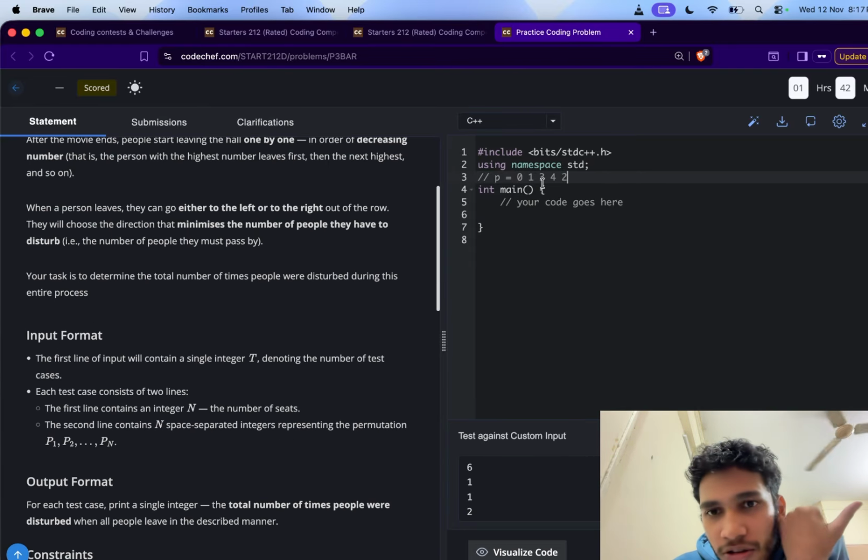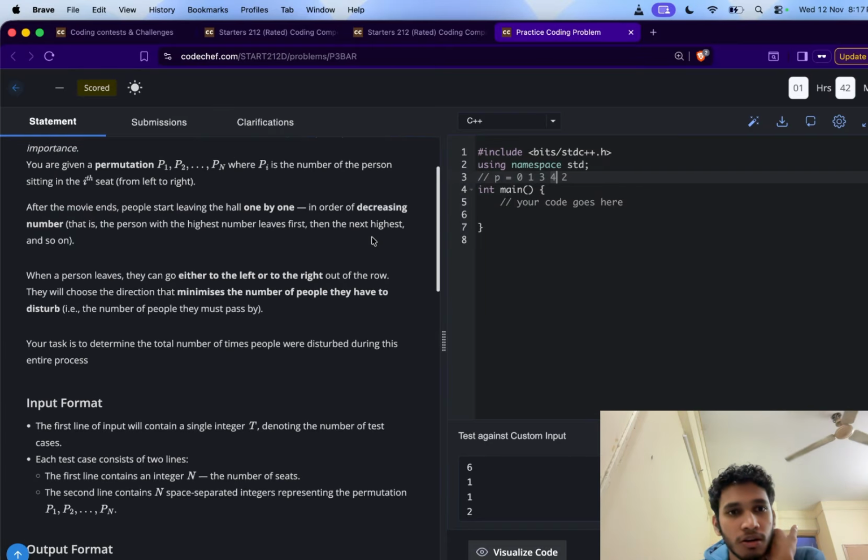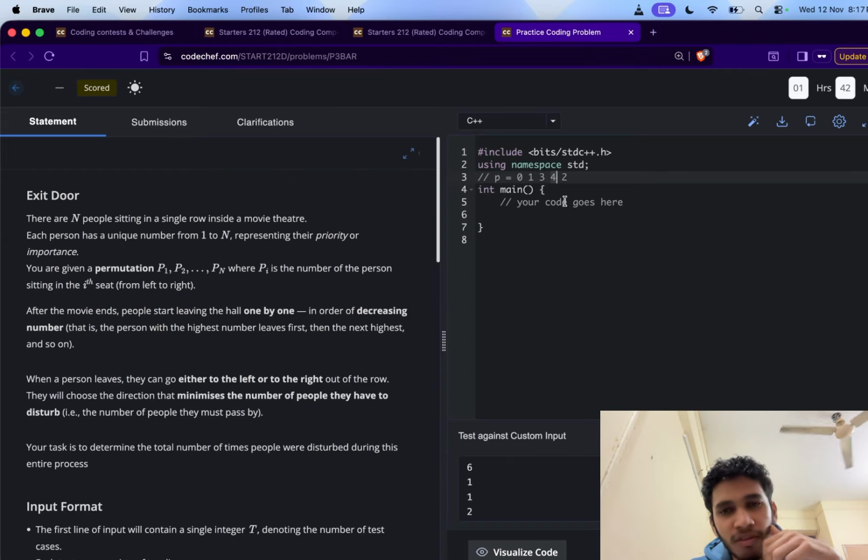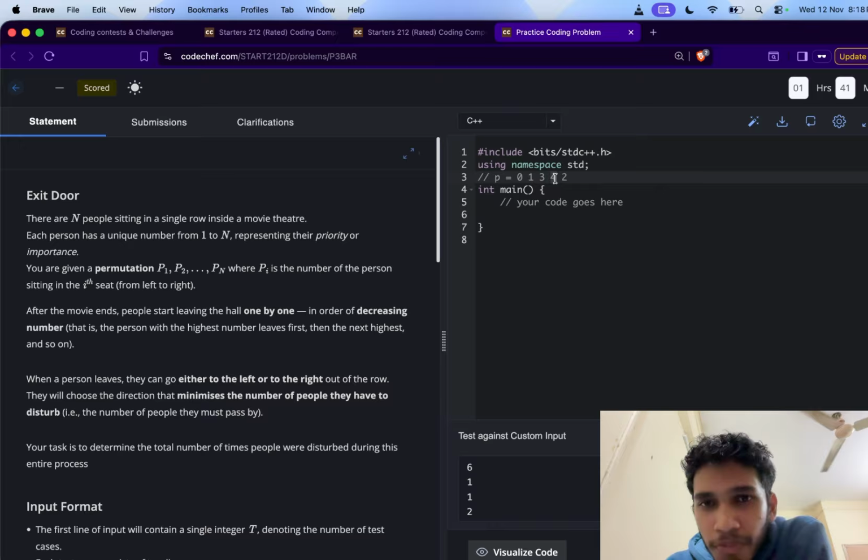Each index represents a person, and the value at the index represents the priority or importance of that person. Each person, starting from the highest priority, leaves the array in such a way that it minimizes the number of people it disturbs.